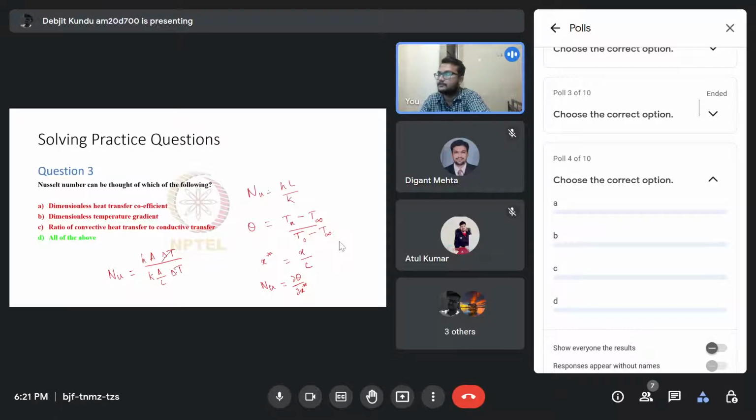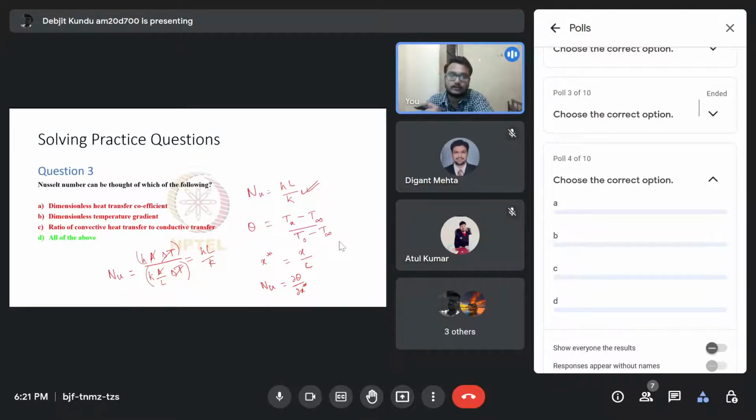And if we delete the common parameters in the numerator and the denominator, we will reach the expression which we found out here. We can see that we started out with the heat transfer by convection, and the heat transfer by conduction, the ratio of that is nothing but the Nusselt number. So that is why option C is correct as well.